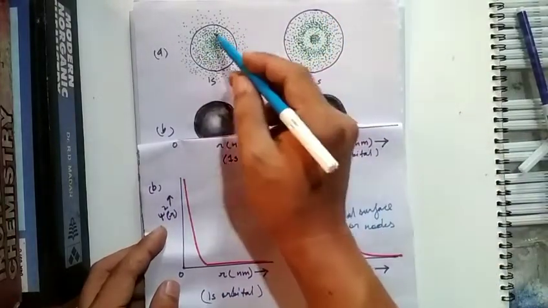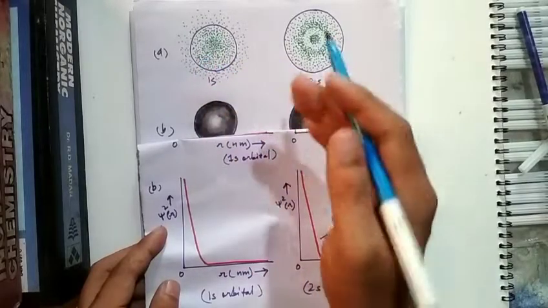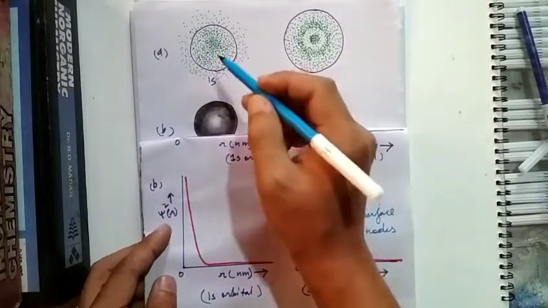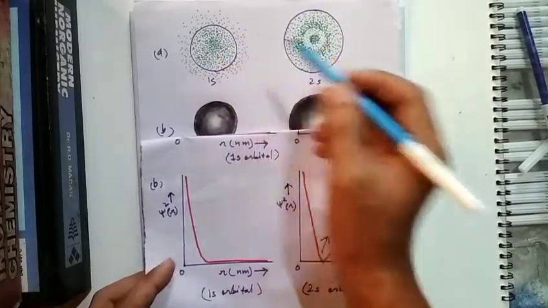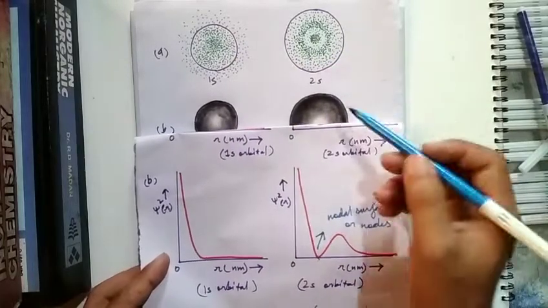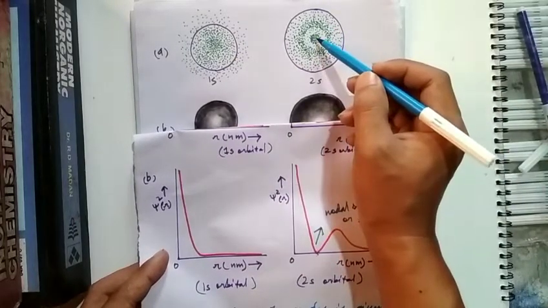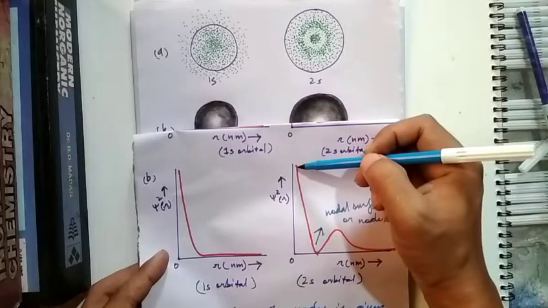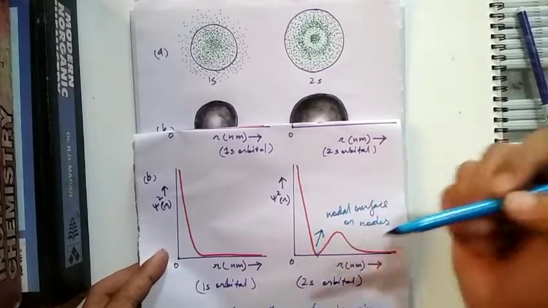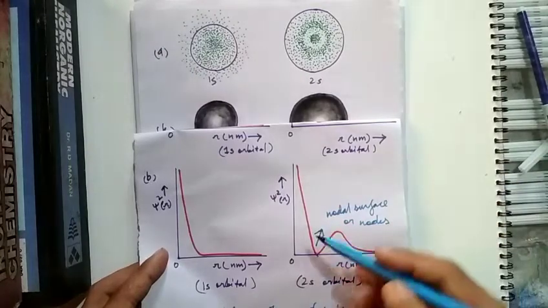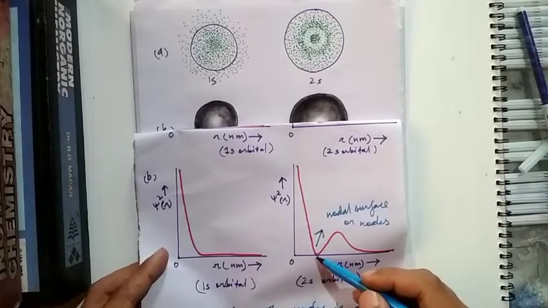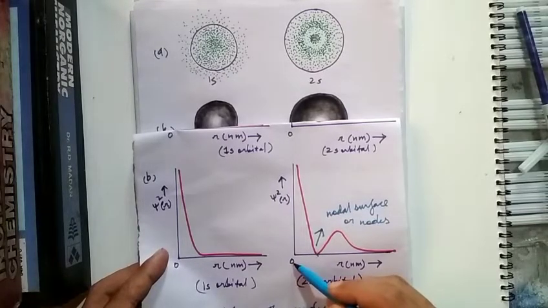Next, for 2s, the probability of finding the electron is highest near the nucleus, and then decreases as you move away, and it reaches a minimum of 0.